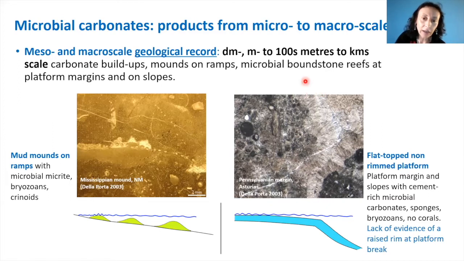So the geological record shows us buildups as mounds on carbonate ramps, or hundreds of meters thick successions of microbial boundstone on the margin of carbonate platforms that can prograde for several kilometers, and we don't see this nowadays in the recent.